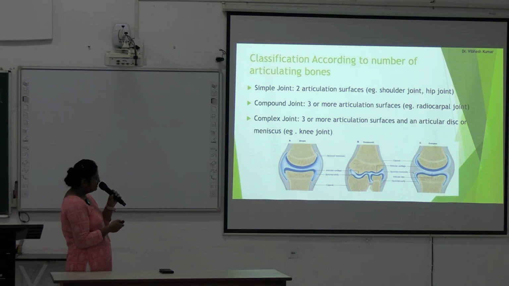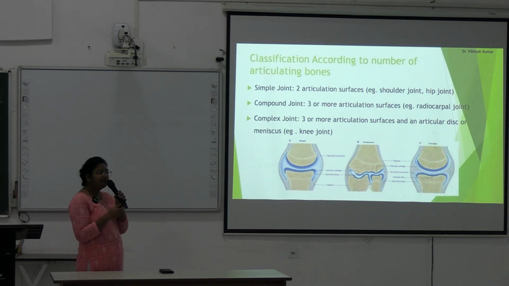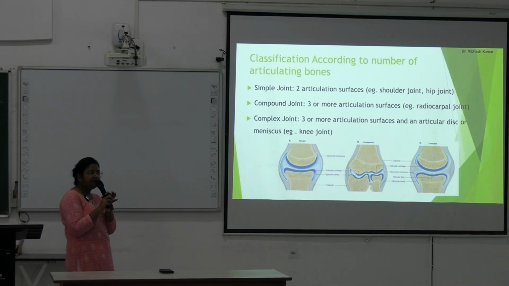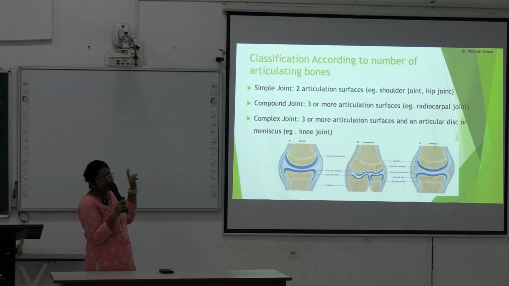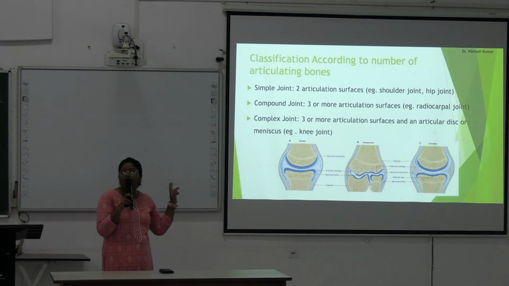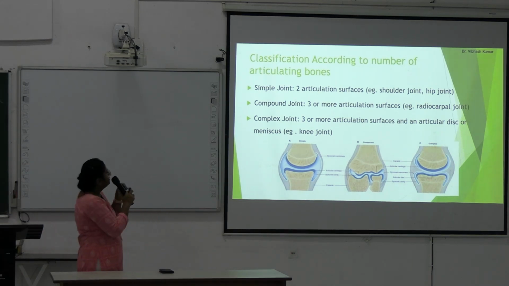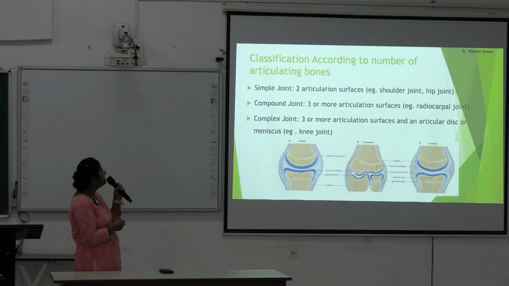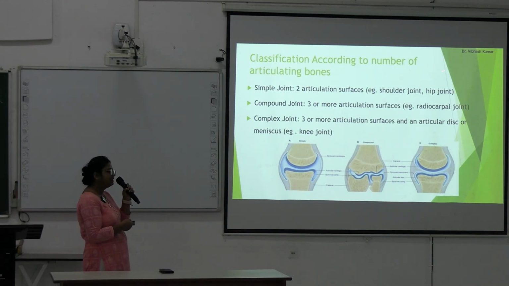Now, classification according to the number of articulating bones. That was the structural classification of the synovial joints, 7 types. Now, this is according to the number of articulating bones. Synovial joints are of 3 types.